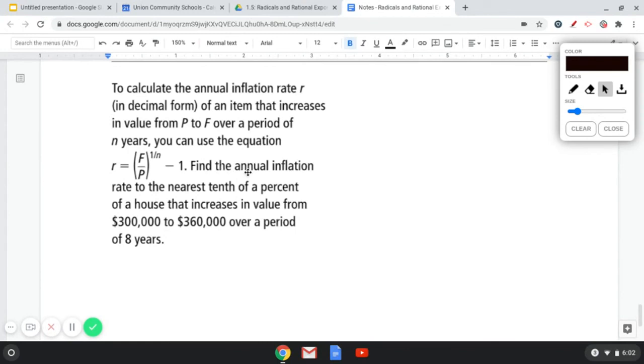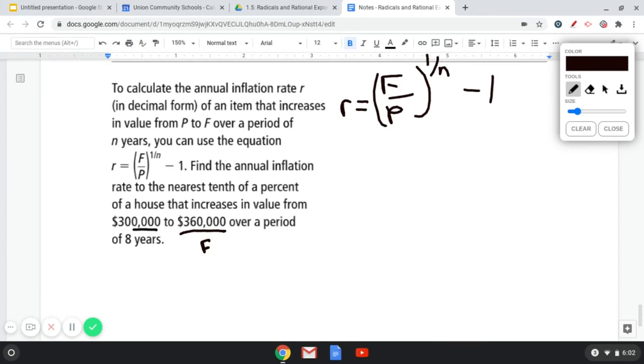Find the annual inflation rate to the nearest 1/10 of a percent of a house that increases in value from 300,000 to 360,000 over a period of 8 years. All right, y'all. So inflation rate R equals F divided by P to the 1 over n, minus 1. This 360,000, that's the new price, so this will be our F. And this is our old price, so this will be our value P. In this 8 years, this is our n.